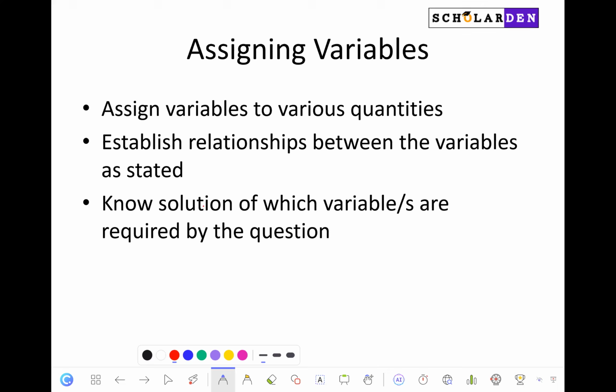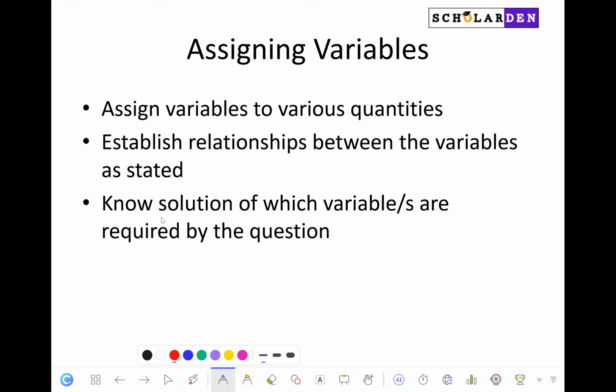And finally, the important thing is that once we have identified the results of various quantities reflected by the variables, we have to understand which of these variables is actually required by the question. So if you're given two or more quantities, you're going to be asked for either of these three quantities, or maybe a sum of these quantities, or a difference of these quantities, or maybe even a comparison of these quantities, or even simply the result of those quantities.